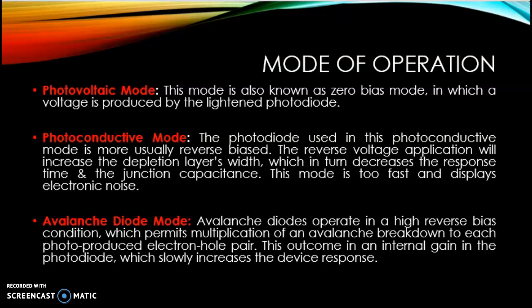In photovoltaic mode, also known as zero bias mode, a voltage is produced by the illuminated photodiode, and the photodiode used in the photoconducting mode is more usually reverse biased. And the avalanche diode operates in a high reverse bias condition, which permits multiplication of an avalanche breakdown to each photo-produced electron hole pair.